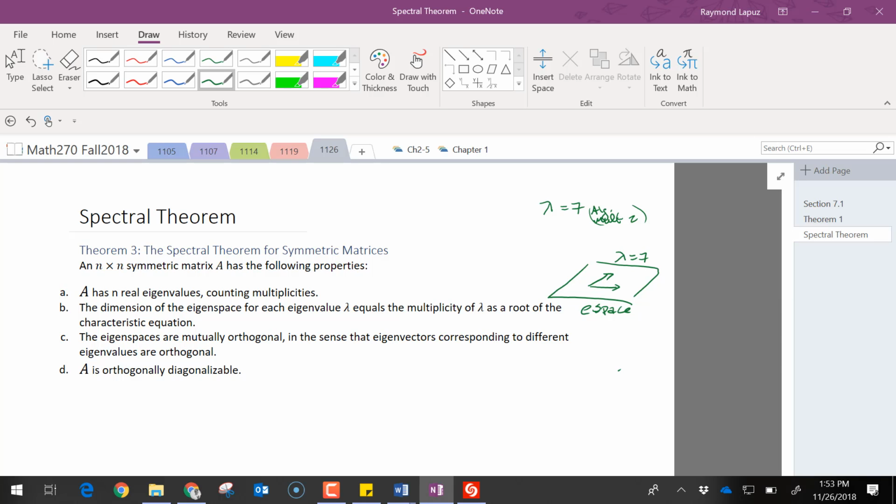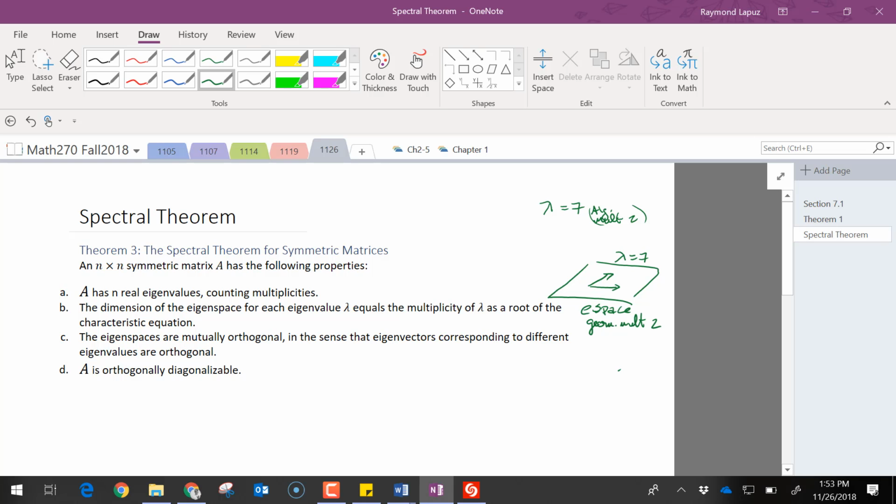When we first started doing eigenvalues and eigenvectors, we did a couple of problems where an eigenvalue had an algebraic multiplicity of 2, but it only had one eigenvector. That's sometimes called a geometric multiplicity when we were talking about eigenspaces. So here you have an algebraic multiplicity of 2 and a geometric multiplicity of 2 as well.